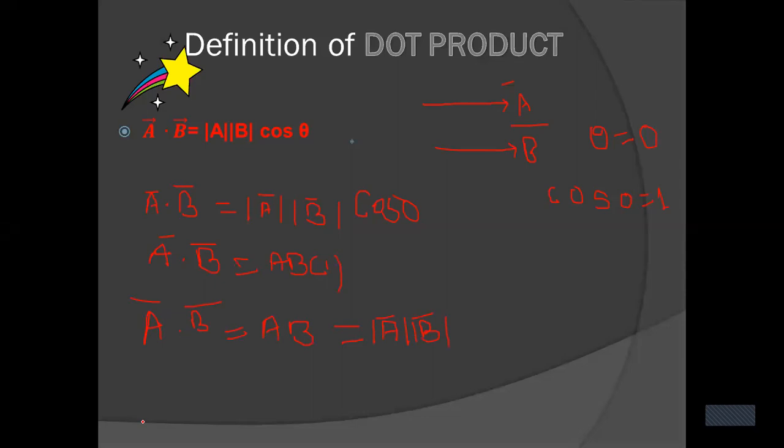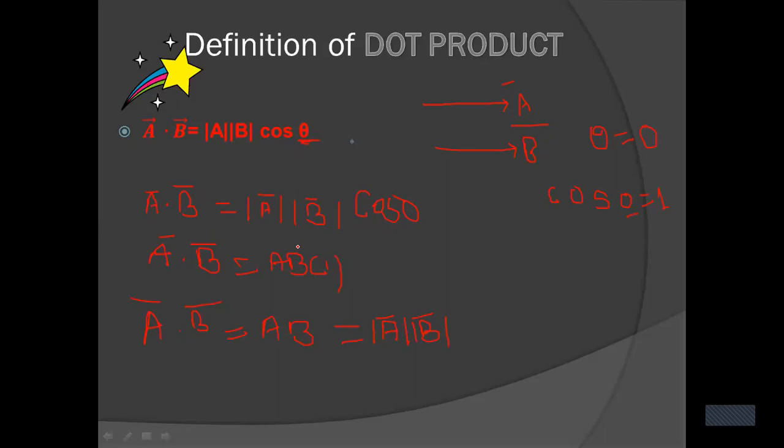Understood this equation? When we are considering two vectors in parallel, the angle between these two vectors is equal to 0. If theta is 0, then cos 0 is equal to 1. Therefore A bar dot B bar is equal to mod of A bar mod of B bar into cos 0, and since cos 0 is 1, A bar dot B bar is equal to only AB.